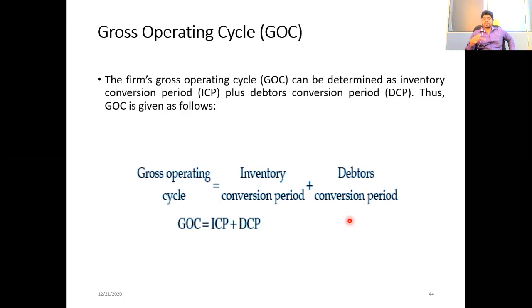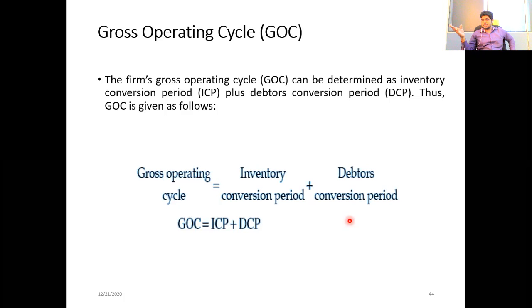We make the inventory into finished goods, and the finished goods are ready for sale, and we have to keep the inventory for a period of time, the finished good holding period, right? And once we make sales, again we have to wait to collect the money from our customer. So the total of inventory conversion period and debtor conversion period is called the gross operating cycle.